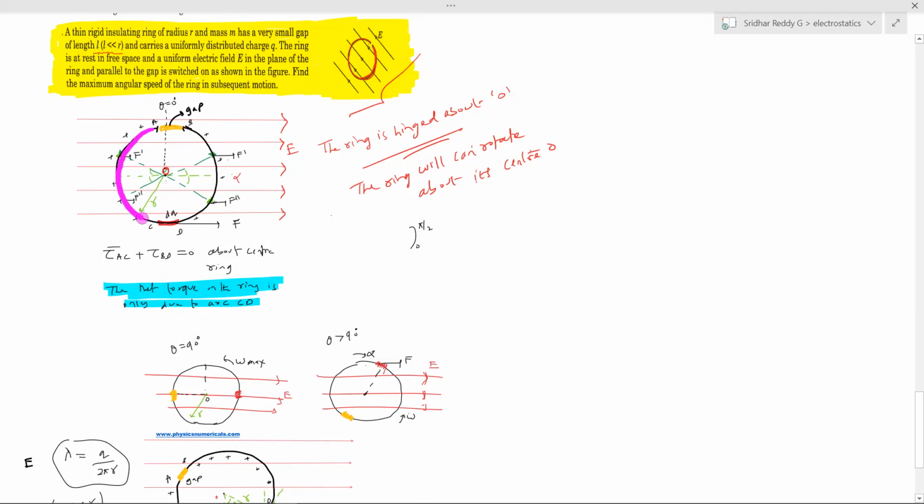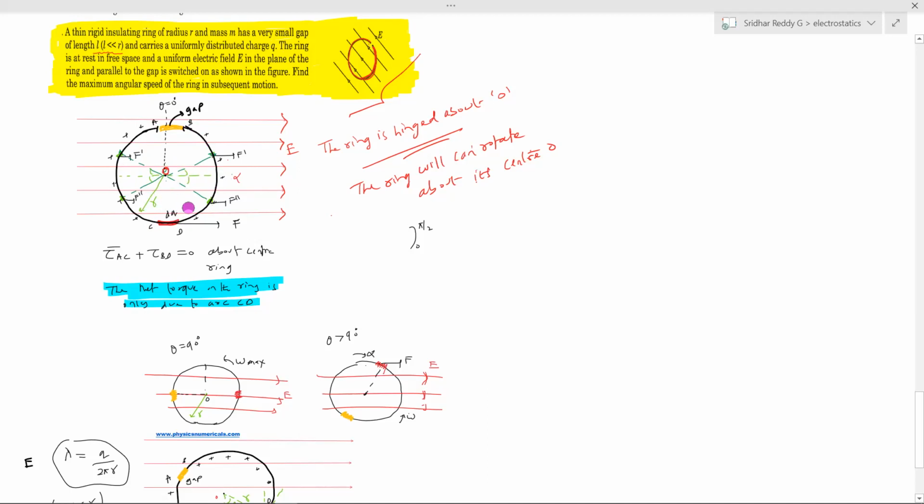So we'll take elements. This is one element. The torque by these two about O will be equal and opposite. Similarly, the torque by these two about point O will be equal and opposite. Therefore, the torque set up by the electrostatic force due to charge on this arc about point O should be equal and opposite to this arc.